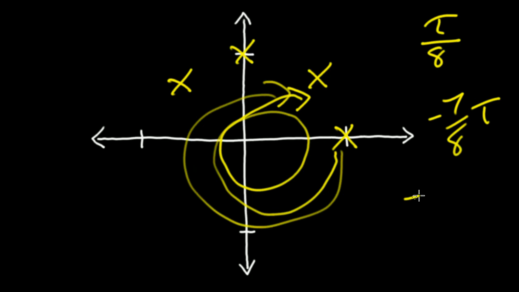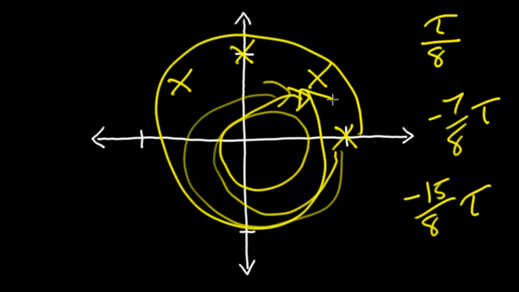Well, what's that? That's negative 15/8 tau. Or we could think of it as going around in the anti-clockwise direction once and then twice, or once and an eighth. So that would be 9/8 tau.